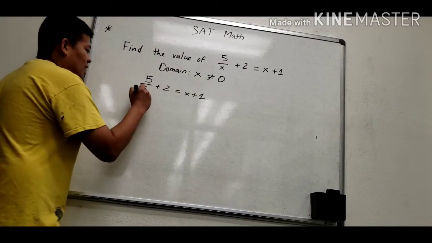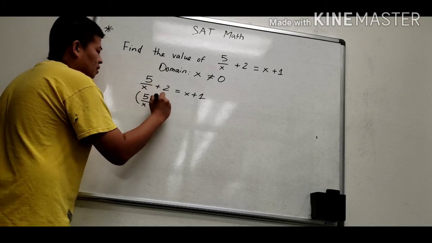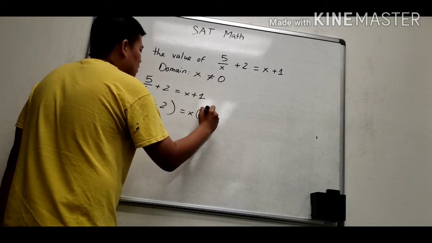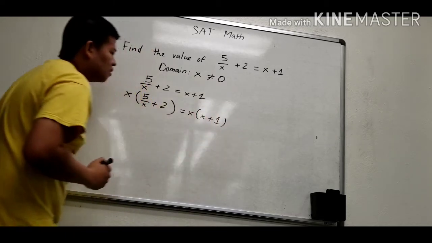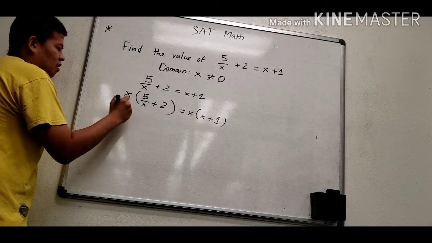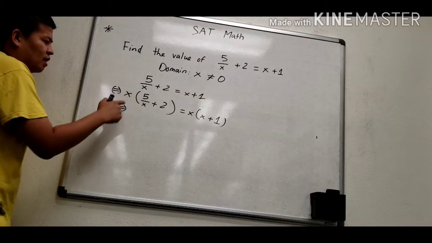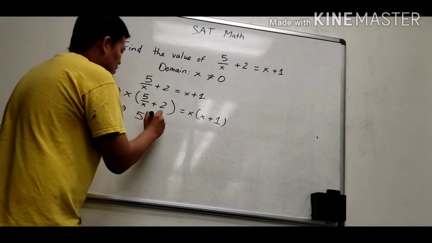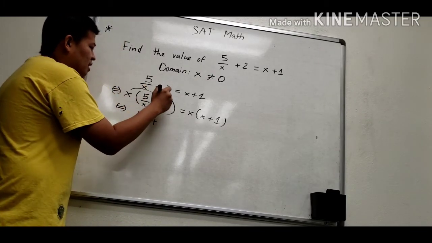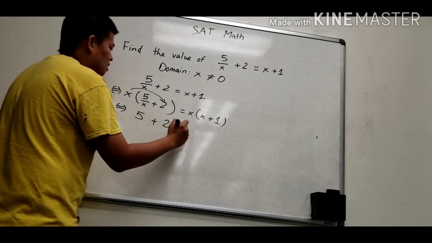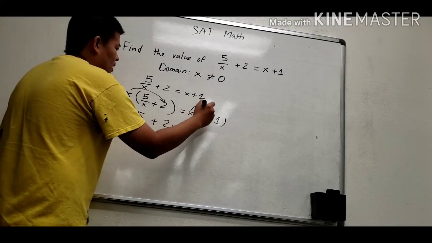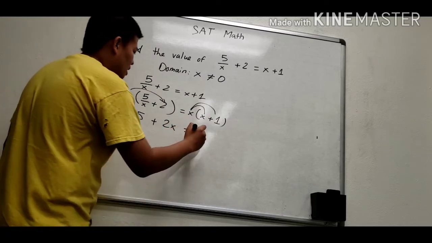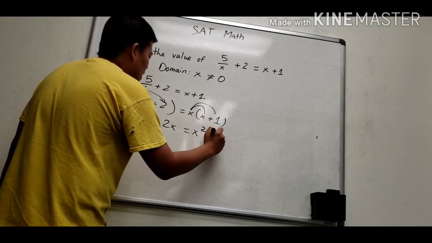So we have x on both sides. x multiplied by 5 over x is still the number 5. 2 multiplied by x is 2x, and x multiplied by x plus 1 gives x power 2 and x.